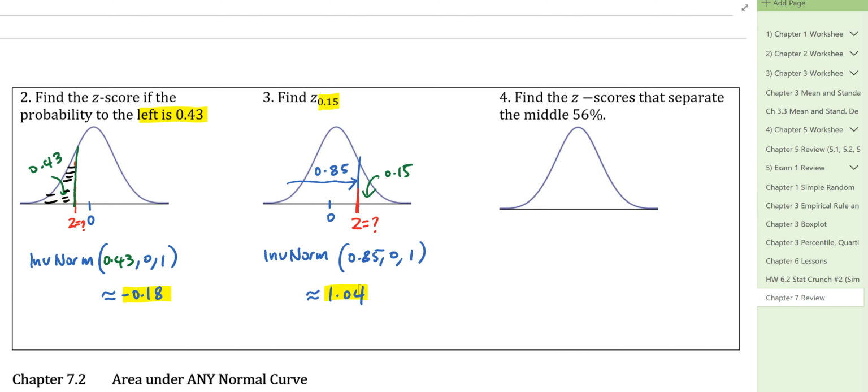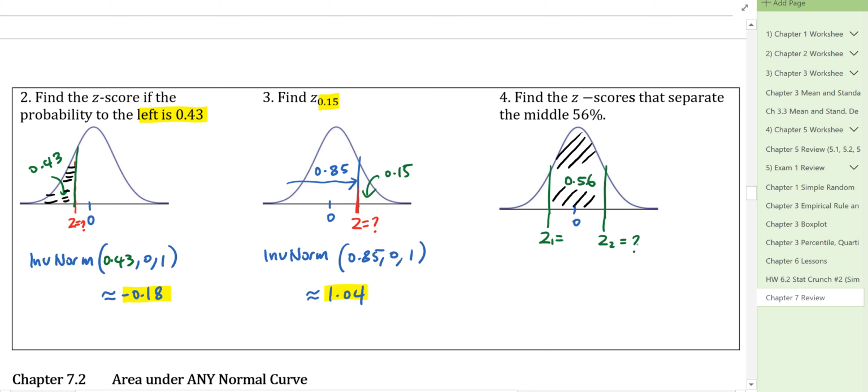Find the z-scores that separate the middle 56%. Okay, the middle, let's draw it. If this is the mean here, I'm going to draw two lines to represent the middle. The middle here is 56% or 0.56. That is the region represented by the area. Now the question asks me to find z1 and z2. That's what we're trying to find.